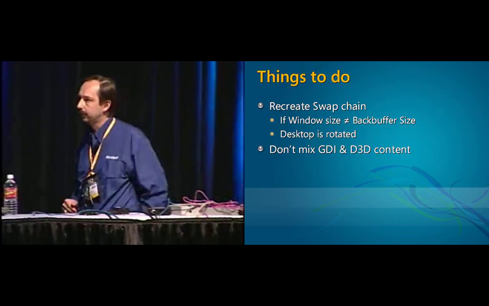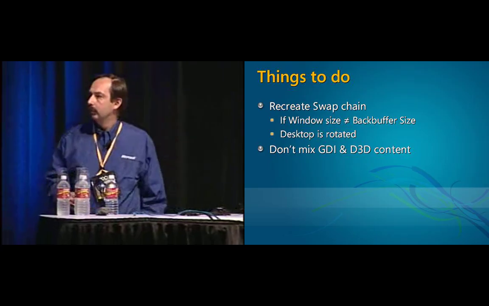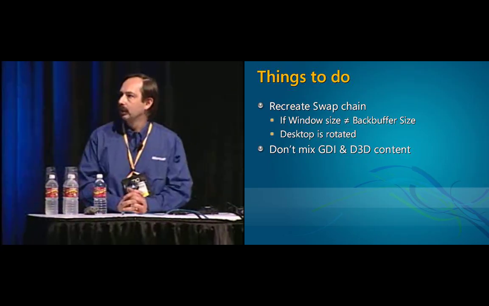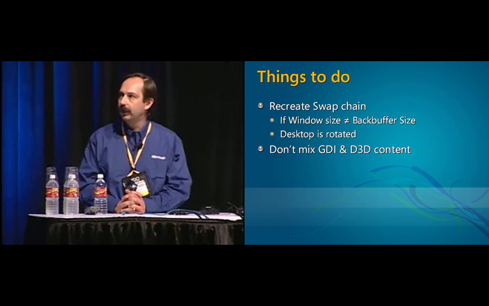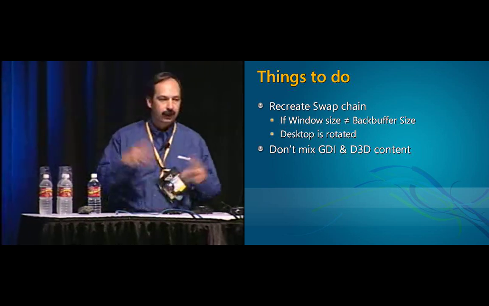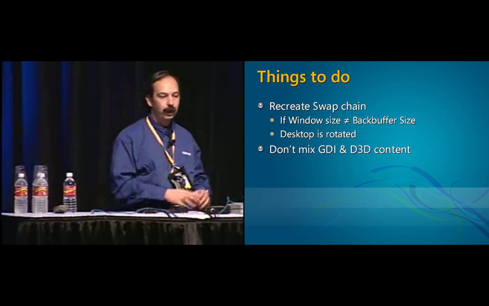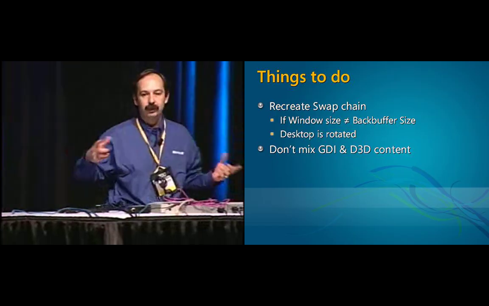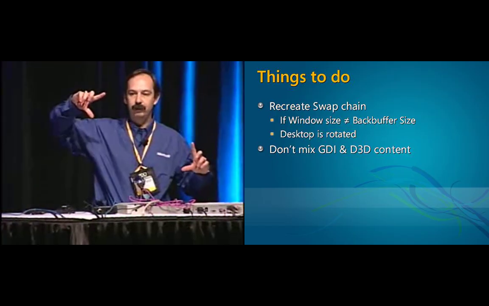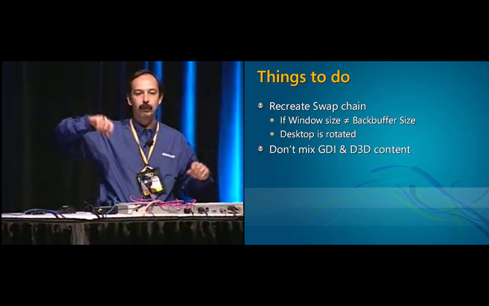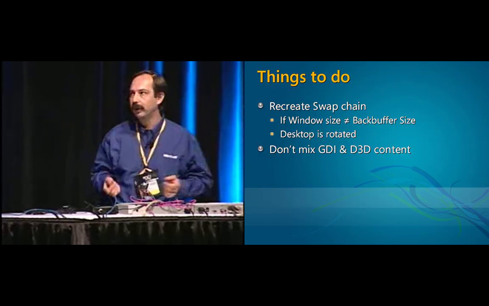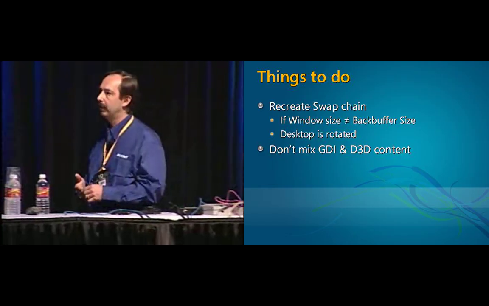So, things to do. This list is actually probably fairly short. The first one is kind of interesting: recreate your swap chains if things change. Obviously, when your window gets resized, you want to recreate your swap chain, because we'll typically stretch your application to fill the area anyway, but it will look better and be more performant if you actually resize the buffer.